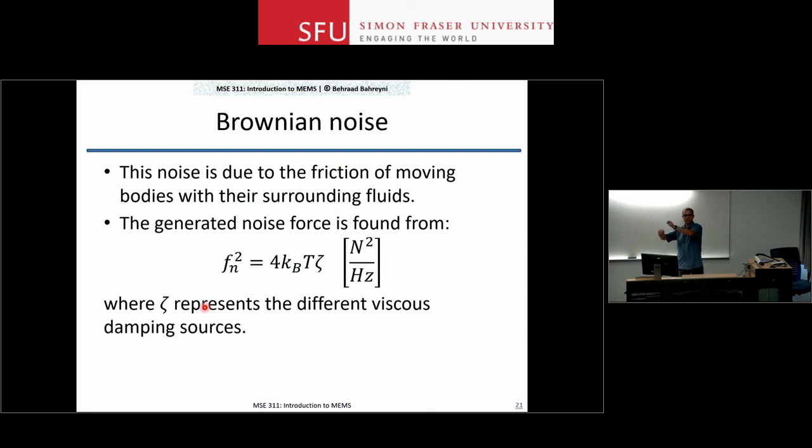And that impingement of air molecules onto your proof mass, for example, in case of an accelerometer, that's the force. Statistically, this is going to be its variance. Now, once you have a mechanical system and you figure out what the damping is, you can calculate this noise force. Once you have the noise force, you can calculate the response of your system to that noise force and figure out what happens at the output.